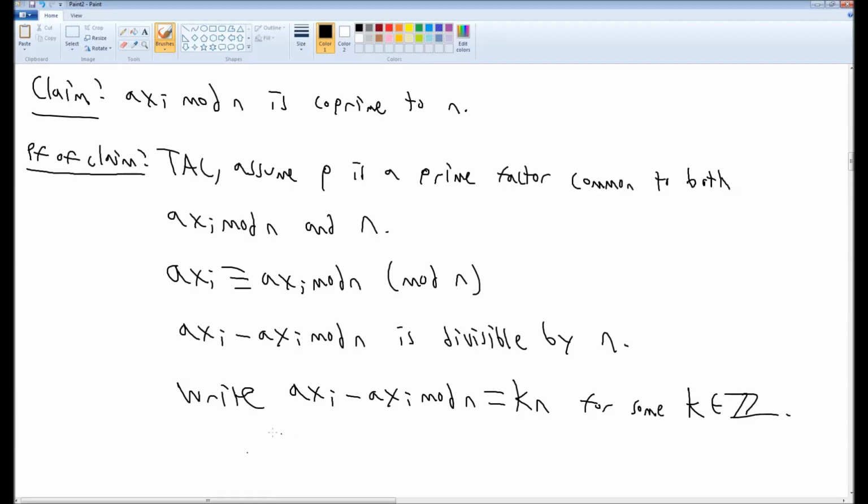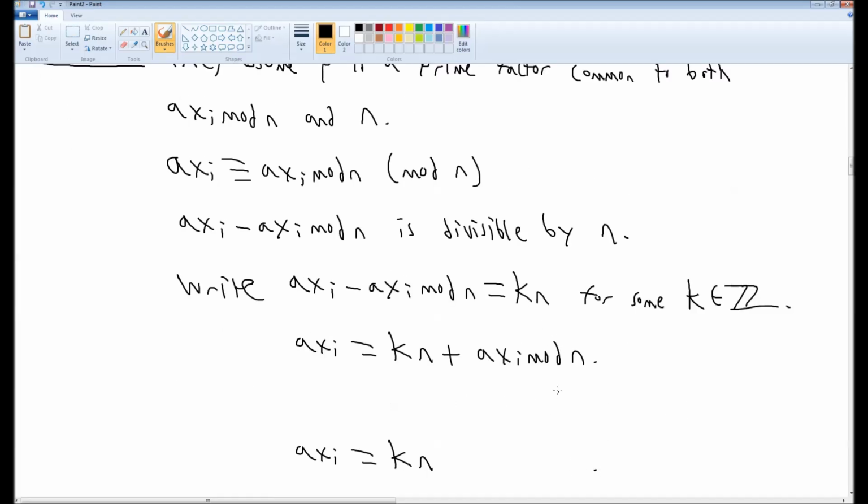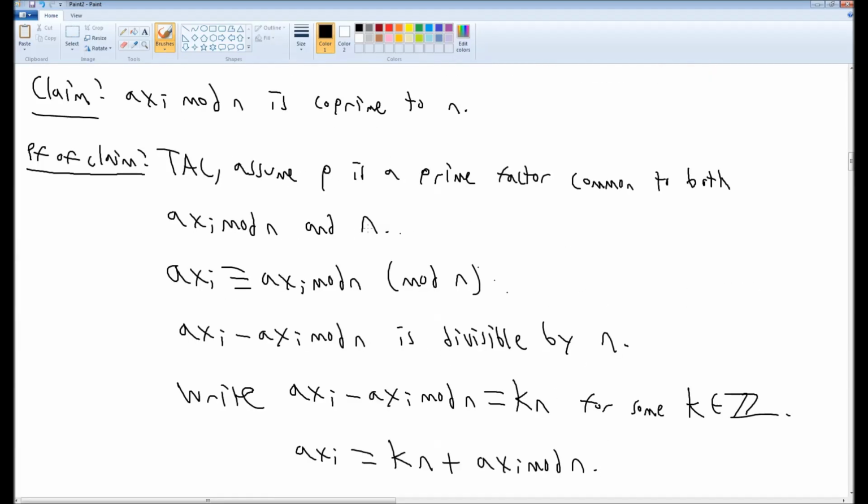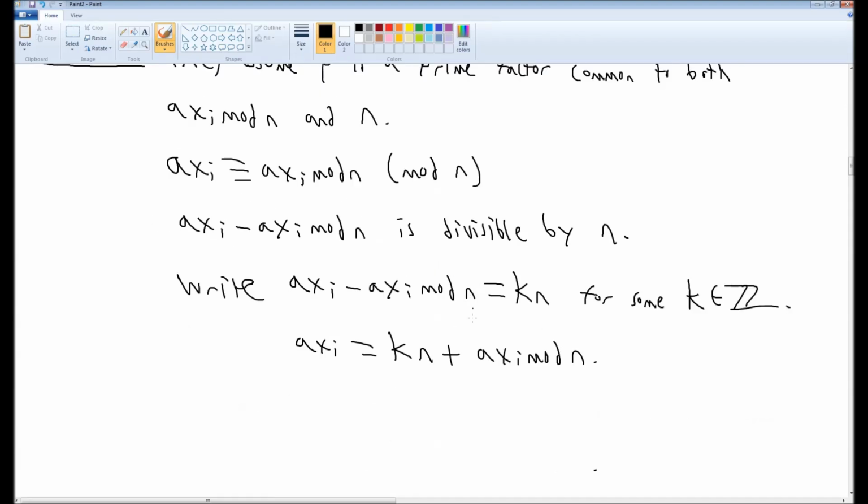And now here's the thing. If we rearrange and do some algebra, move this to the other side, we get a·xi equals kn plus a·xi mod n. Since p is a prime factor of both this and n, well, that means this guy is divisible by p, and likewise this guy is divisible by p.